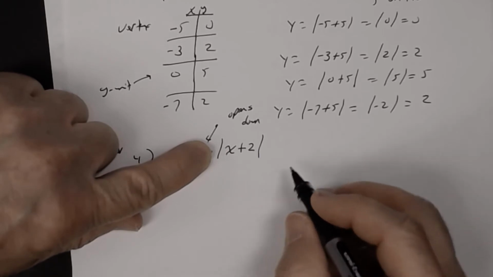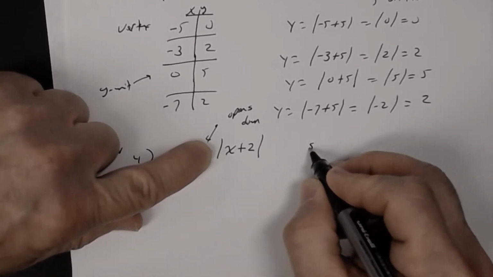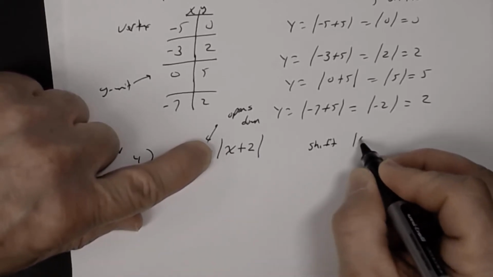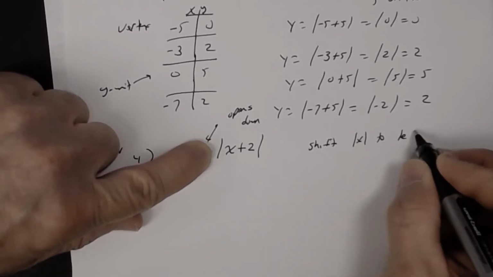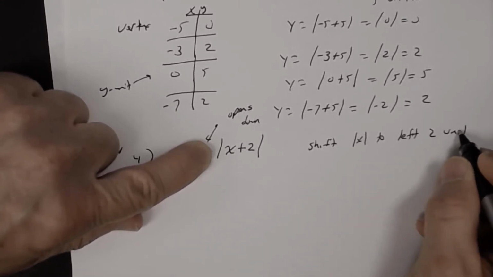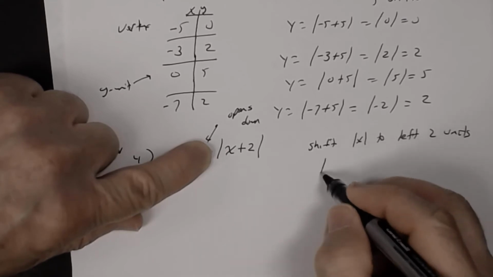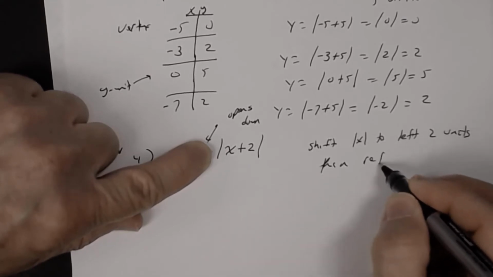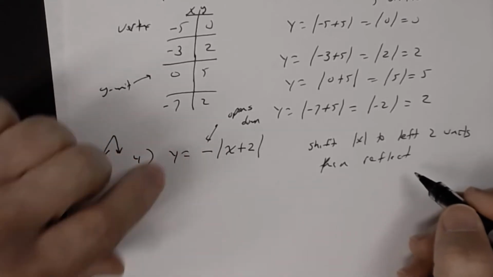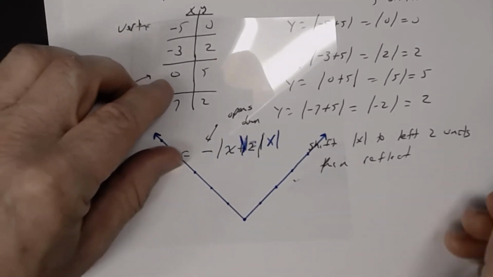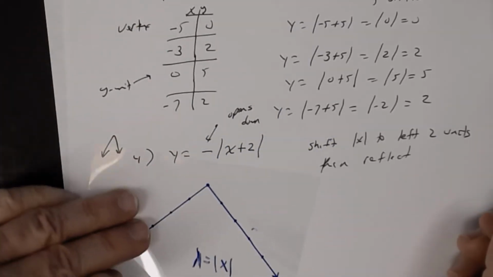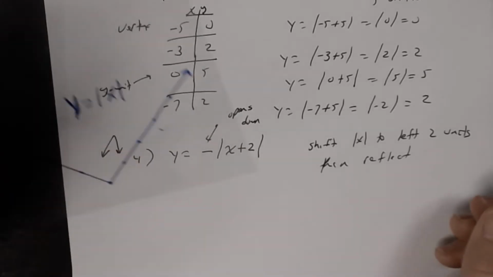Okay, to the left 2 units. So this would be shift absolute value of x to the left 2 units, right? And then reflect, meaning when I shift it to the left 2 units and I reflect, I get this. So you can see it's going to happen.